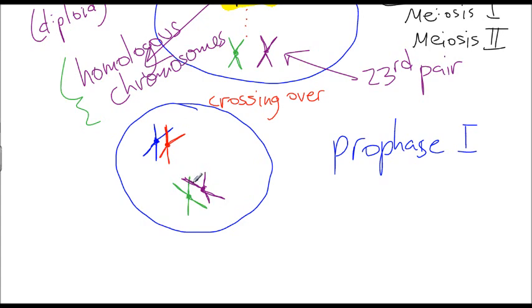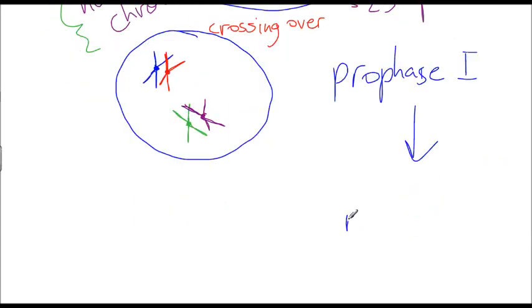After prophase 1, the cells undergo the next phase, which is called metaphase 1. Metaphase 1 is very similar to metaphase in mitosis, but the only difference is as follows.